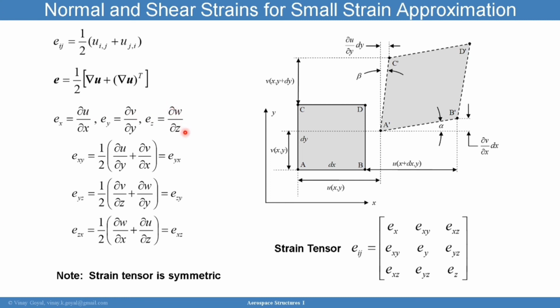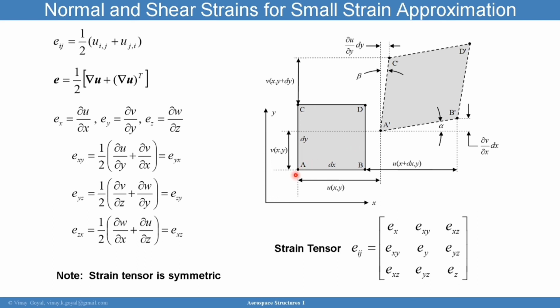And you also have to consider distortion. So these ones talk about stretching, but they don't talk about distortion. And so consider here a square ABCD. A length here is dx, length here is dy. And I'm going to have, again, a deflection of point A to this point.